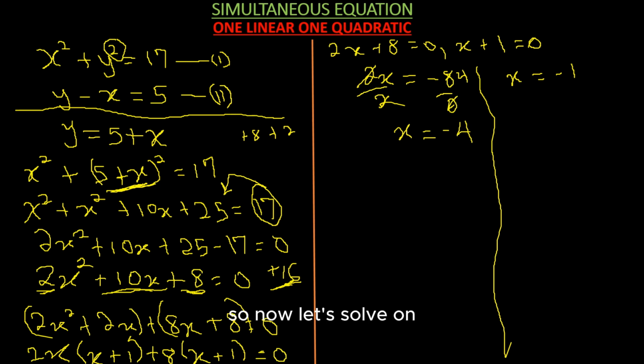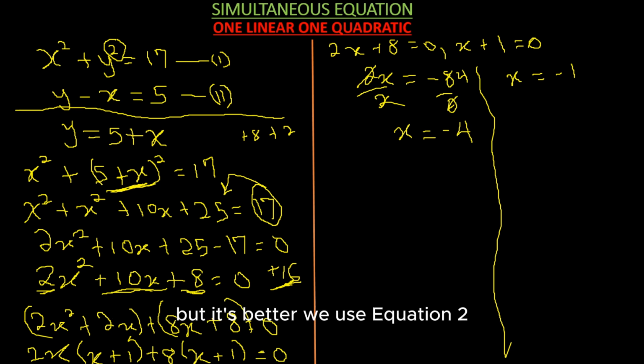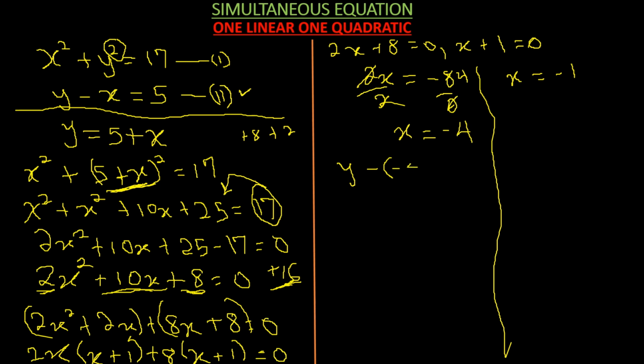Now that we have the values of x, we substitute each of these values for x in any of the equations. It's better we use equation 2, though we can also use equation 1. In equation 2, we have y minus x, and our x is negative 4, equal to 5.